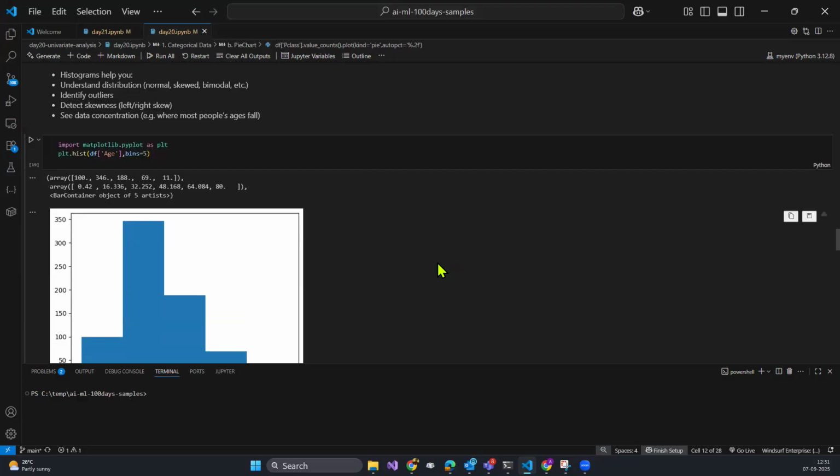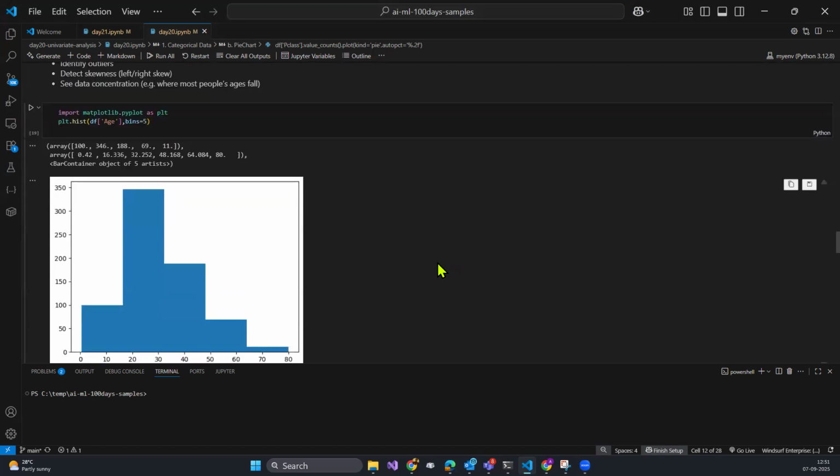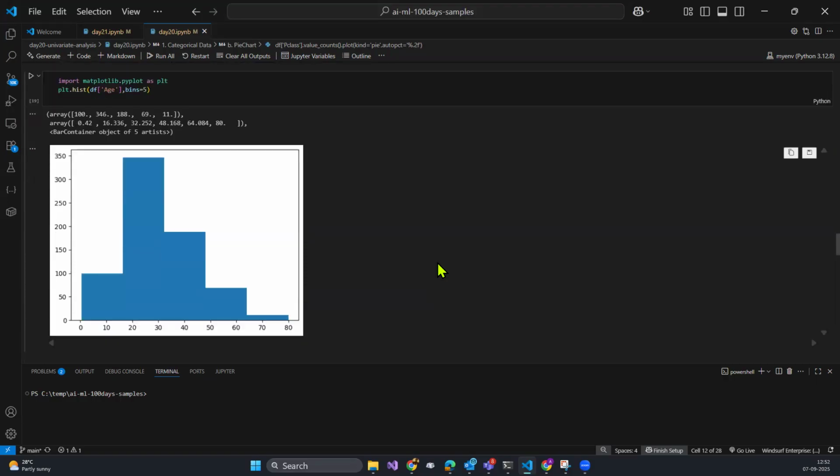It also helps us identify how much data are outliers and which data are probable outliers. It also shows us the skewness, which side, left side or right side. And it also shows us data concentration, meaning where most people fall.